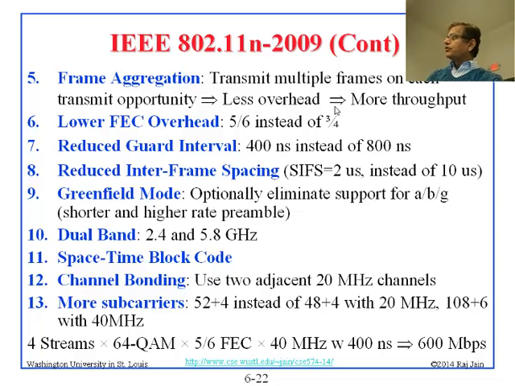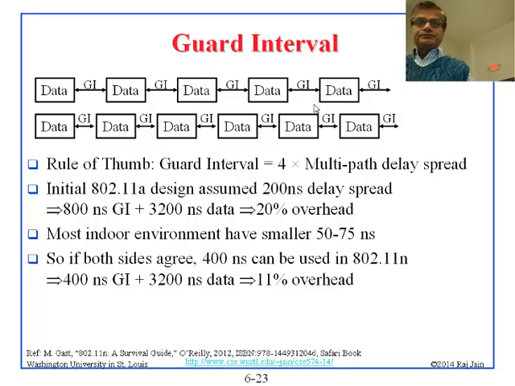And then when you go to 40, you get more than twice. Instead of 52, 104, you get 108. So if you do all that, as we said, you get up to 600 megabits, and that's basically the selling point of N. So I'm going to explain some of the things that we discussed there before.